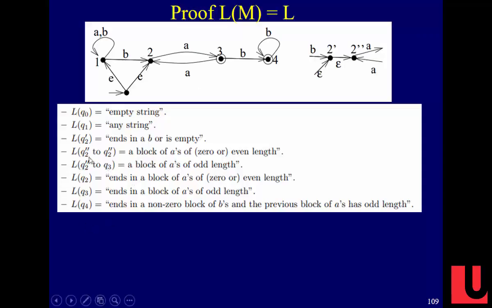Now, how do I get here? I'm doing a little different thing. I'm not only changing my end state, I'm changing my start state. So what happens if I started here and ended here? What do I know I get? I get a block of A's, at least one A, right?